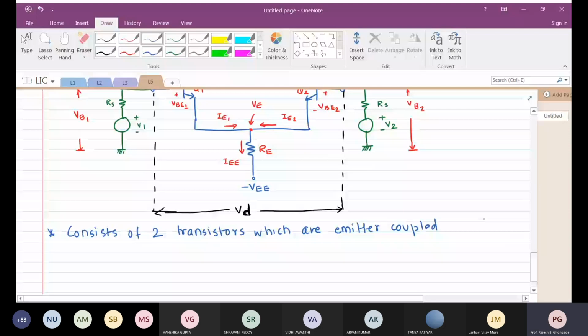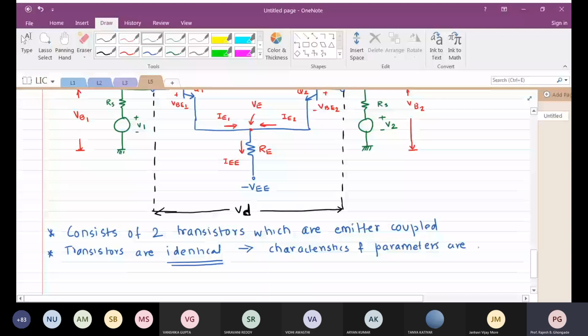Remember always that these transistors are identical. Very, very important. When we say transistors are identical, what do you mean by that? It simply translates to the characteristics and the parameters are the same.